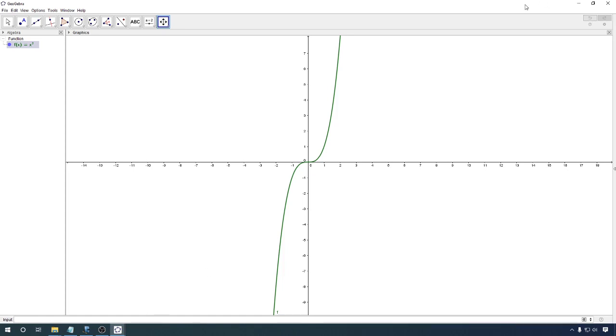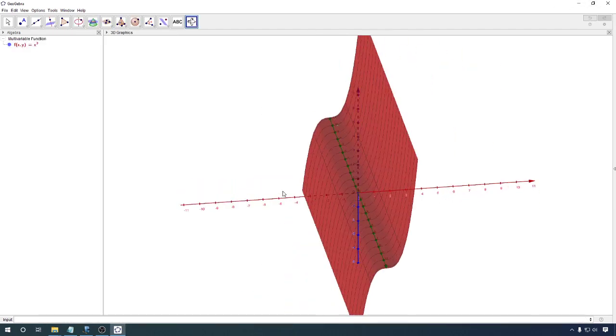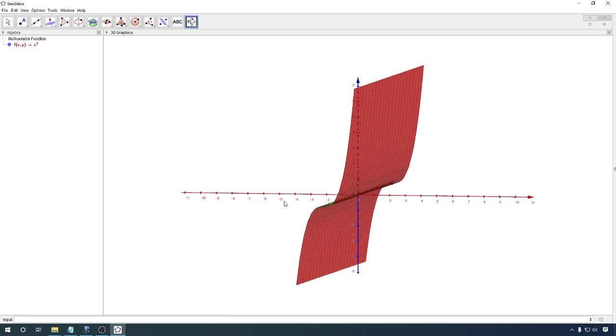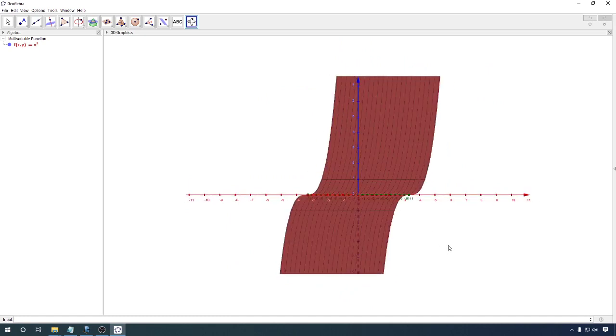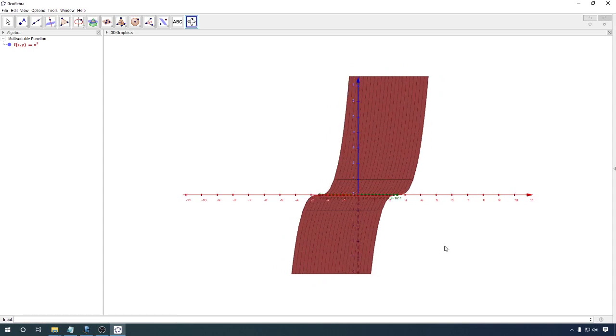In the case of our function of two variables where we don't even have a y, we just have the x, it's actually going to be a cylinder based off of this graph. So here we have our function of two variables, f(x, y) = x cubed. It just is a bunch of the same graph lined up next to each other.